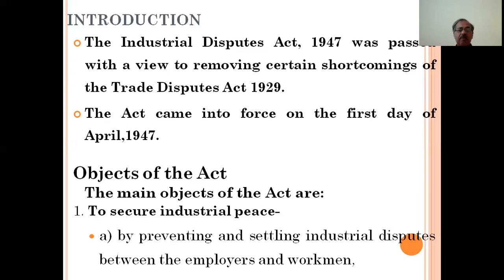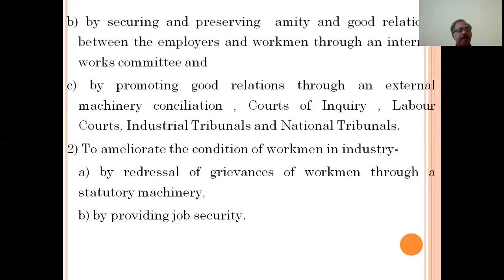The main objectives of the Industrial Disputes Act 1947 are to secure industrial peace by preventing and settling industrial disputes between the employers and workmen, by securing good relationship between the employers and workmen through an internal works committee.